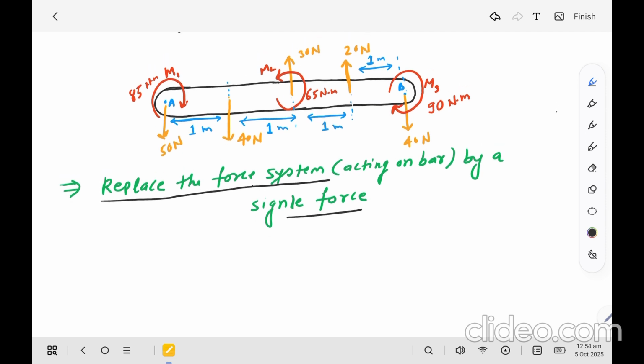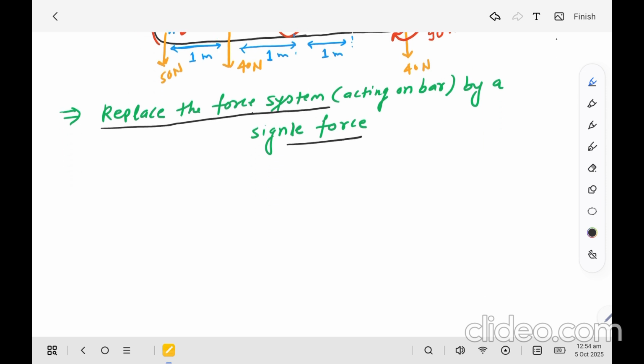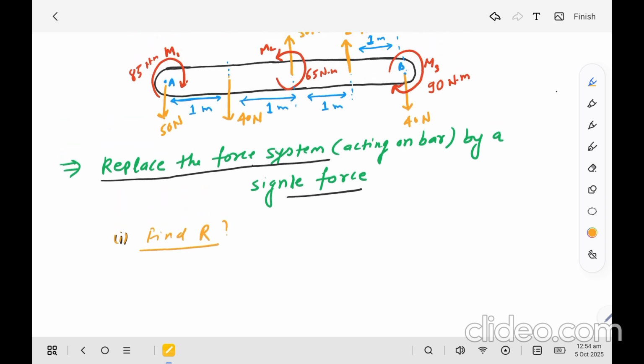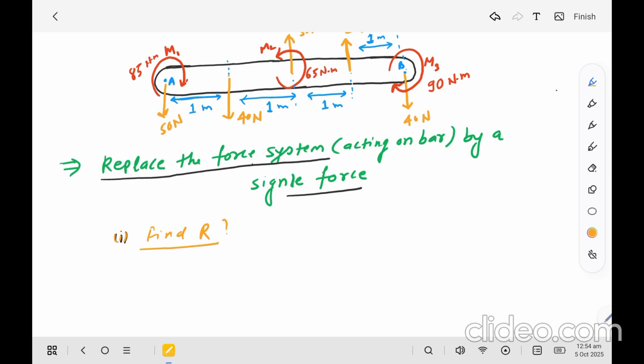Because I want to replace the force system by a single force, I should know the resultant force as well as the position of the resultant force from a given point. So first find R. What is the resultant of the parallel forces acting on this object?